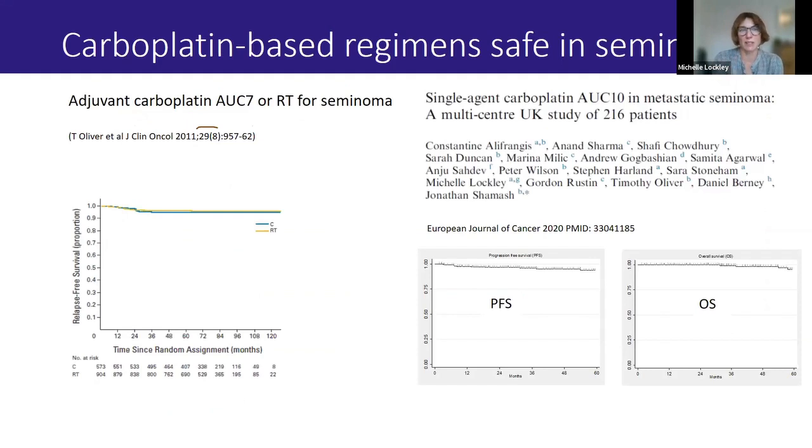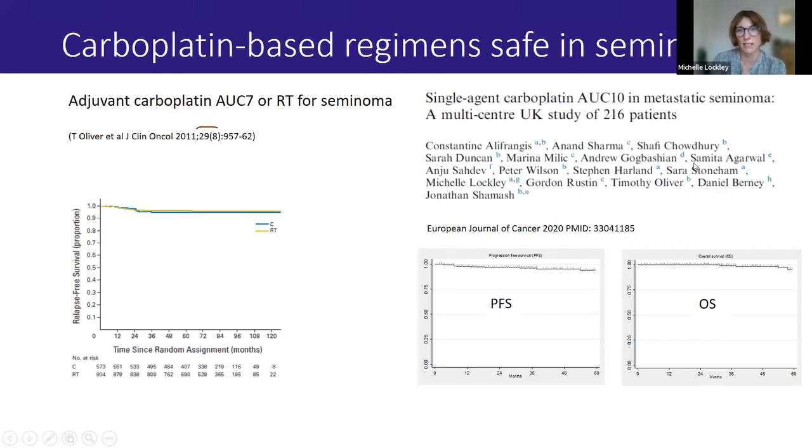And of course, in seminomas, there's been evidence for a number of years about using just single agent carboplatin, so not even combination chemotherapy. The first evidence for this was from over 10 years ago, comparing adjuvant high dose single agent carboplatin to radiotherapy as adjuvant treatment of localized seminoma. You can see that the survival curves are basically the same.